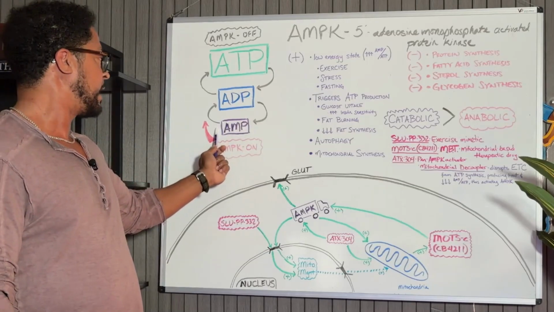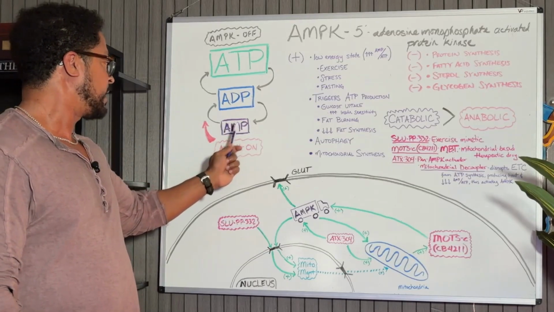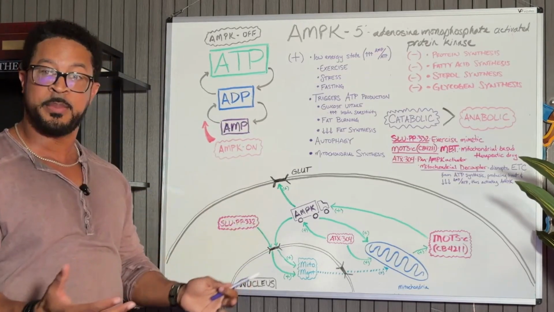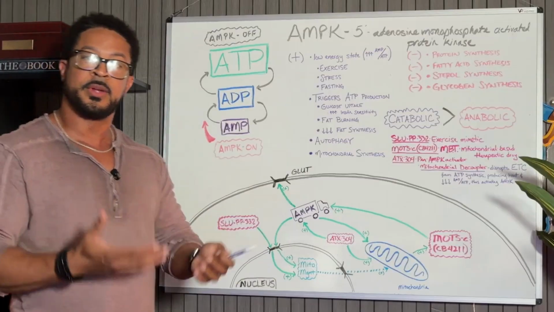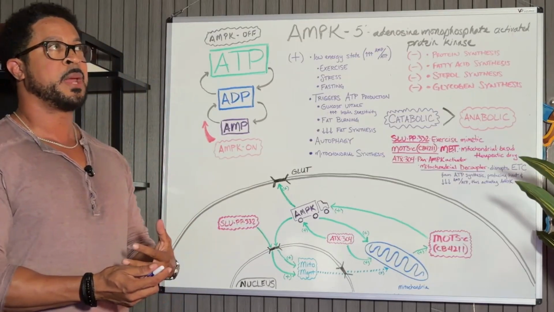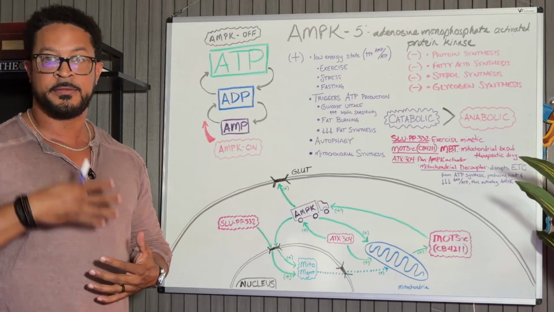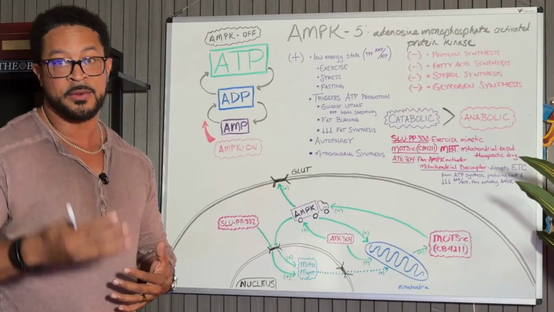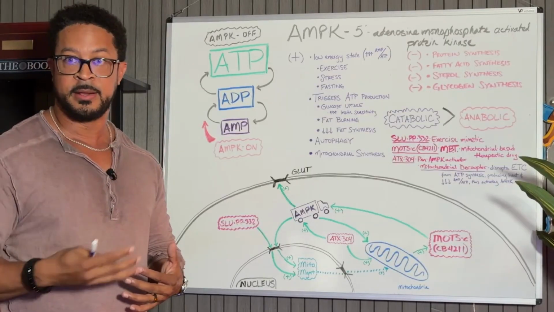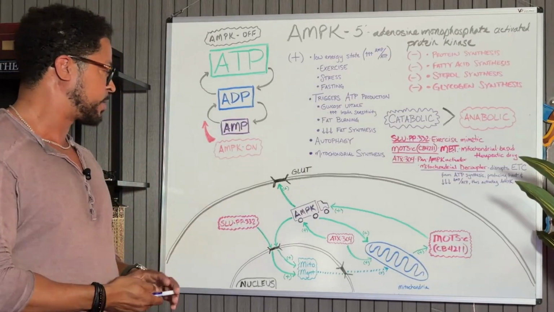We're staying as AMP, which is yet another signal to keep the AMPK active. So it's really cool in that you're basically melting off extra energy, extra calories, basically for free. So that's basically what's going on there.